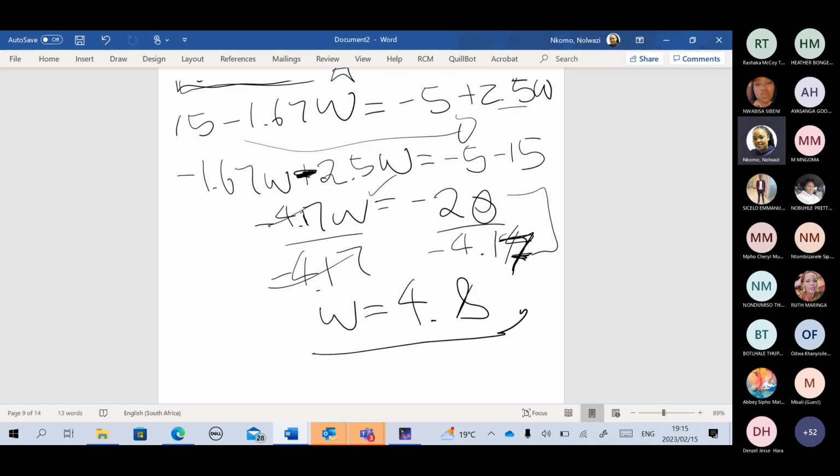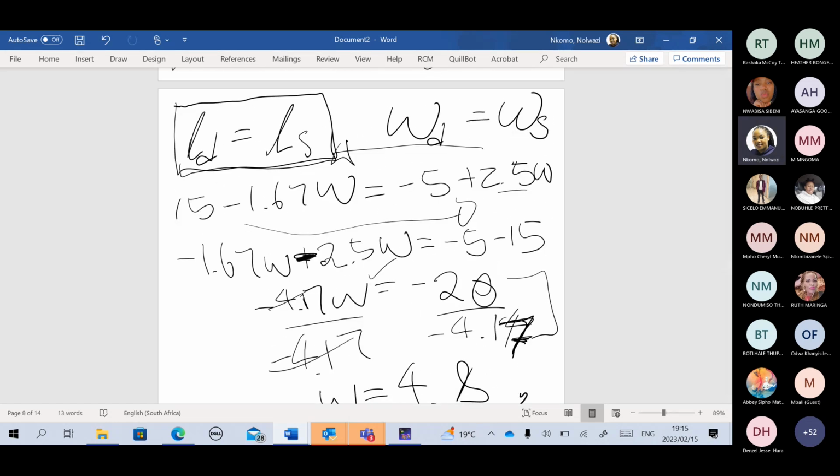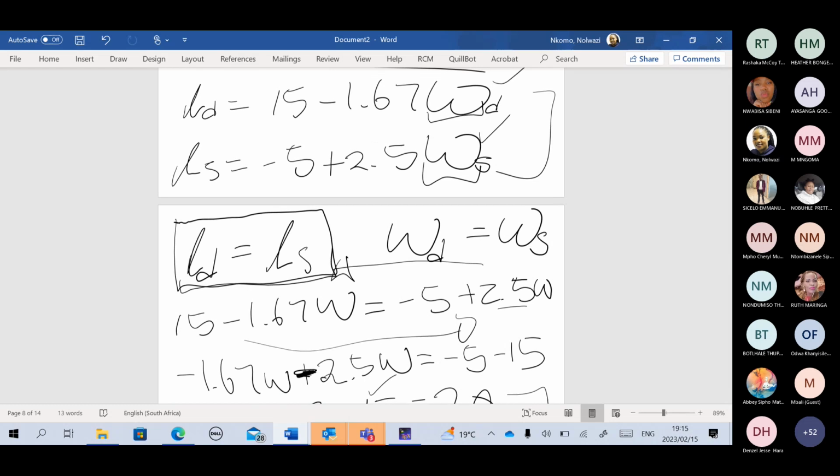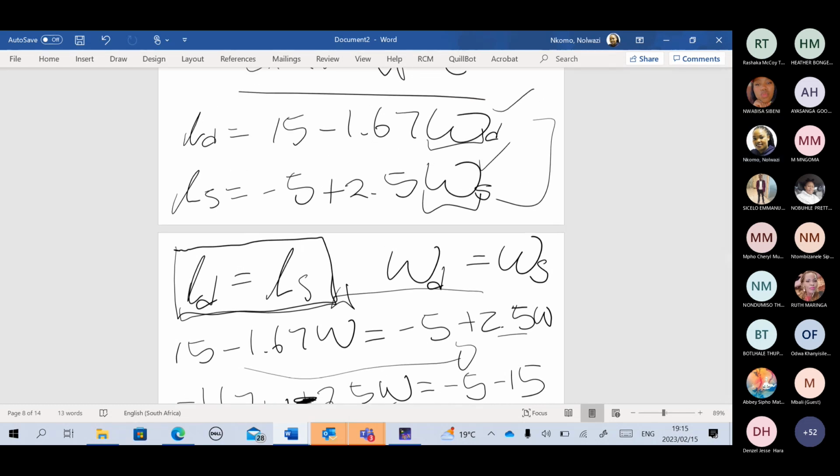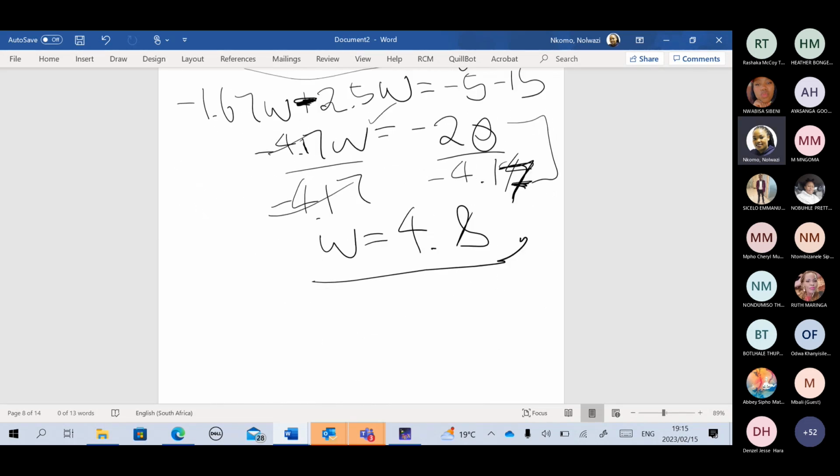Then you need to find the other variable, and you can just substitute your wages in any of the given labor market functions, either the demand or the supply function.